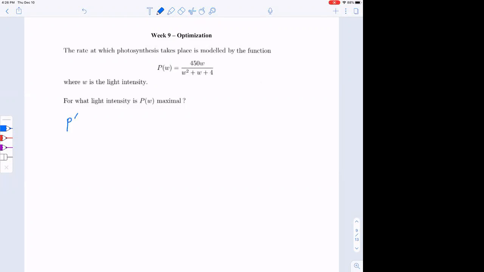So we're going to start with P'(W). We have a quotient rule to deal with. The derivative of the numerator is 450. Copy out the denominator, so W squared plus W plus 4. And then subtract, copy the numerator, 450W, and then the derivative of the denominator would be 2W plus 1.